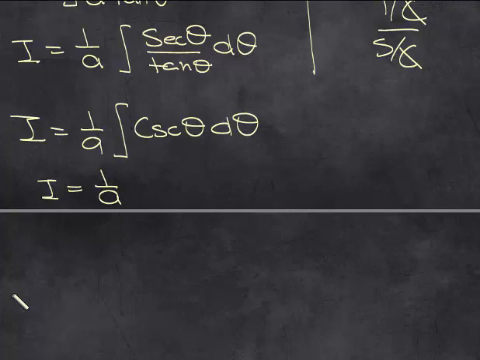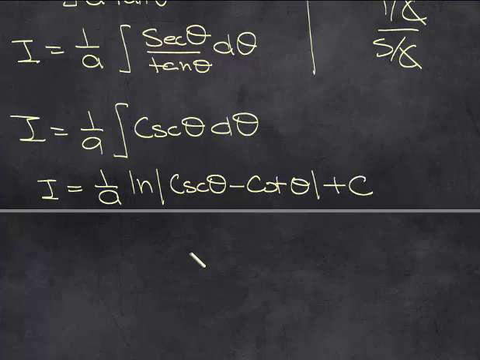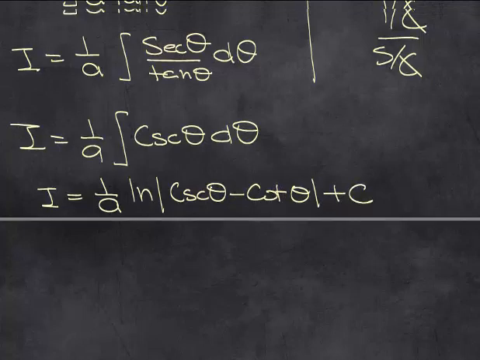So let's do the right triangle. This is theta. We had secant was x over a. So secant is what? Hypotenuse over adjacent. So we get x over a. So this is square root of x squared minus a squared.